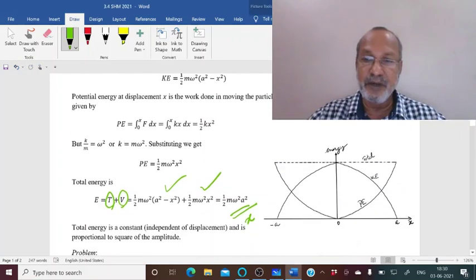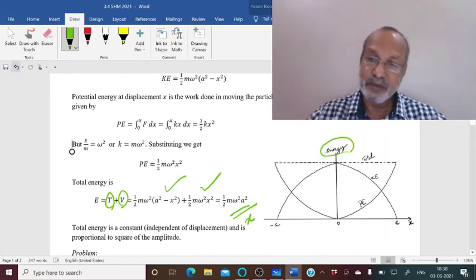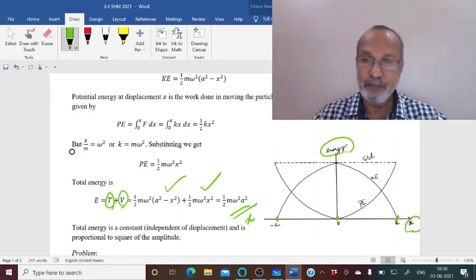And in a graph you can plot all the energies versus the displacement. This is the mean position, 0 position, and this is maximum displacement amplitude, and this is the maximum displacement towards the negative side.